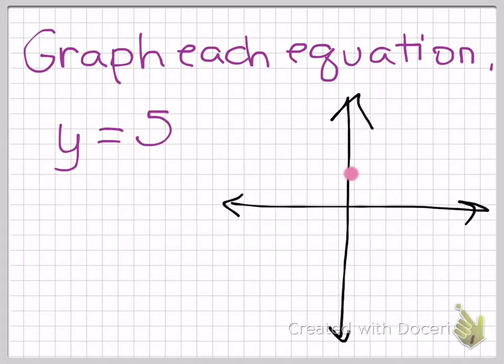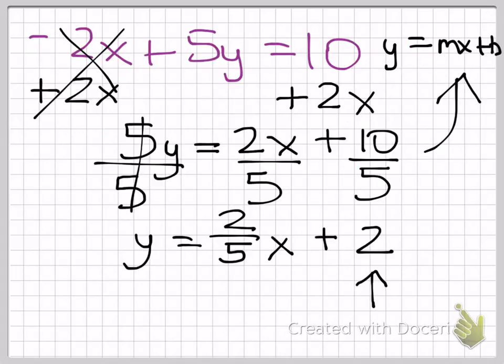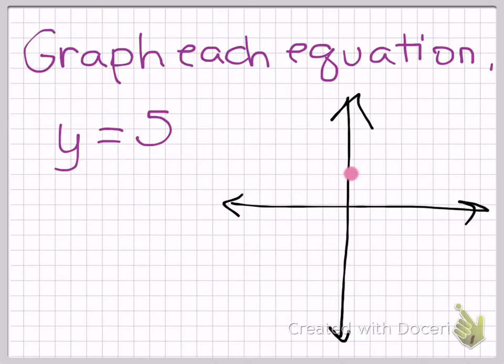And I'm going to go over, or I'm sorry, up 2 to the right 5. And put my point, and then I can draw my line.